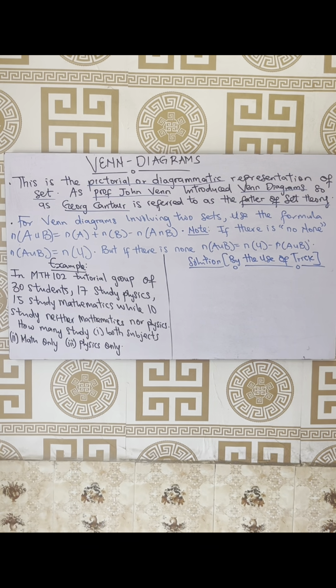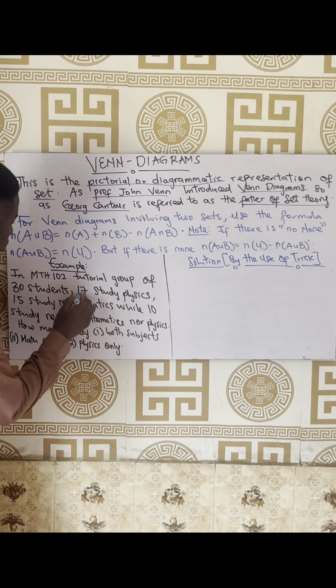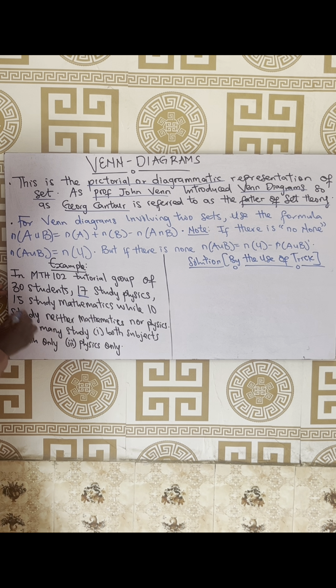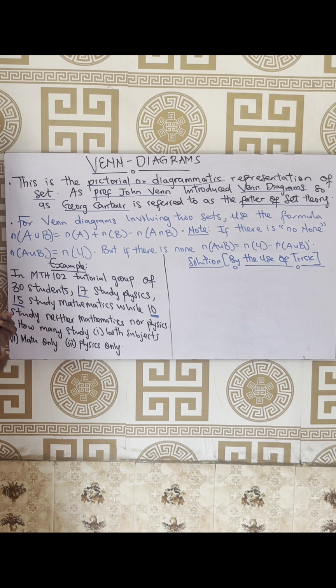So now, if you want to use a trick, you know, 17 study physics, 15 study maths, 10 study neither mathematics nor physics. And this is the universal set.